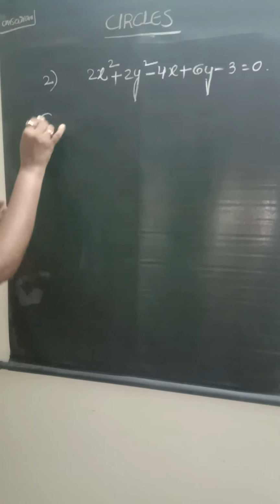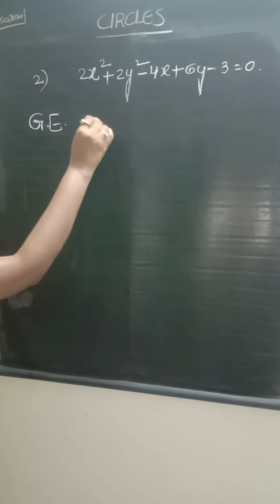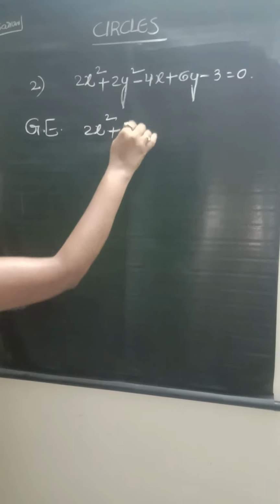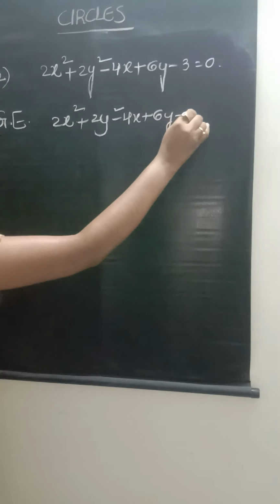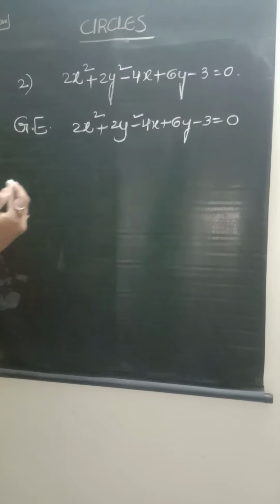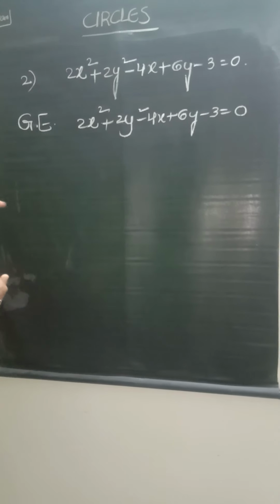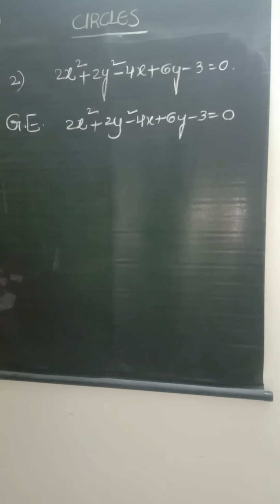First, I am writing the given equation: 2x square plus 2y square minus 4x plus 6y minus 3 is equal to 0. Now we divide this equation by the number 2 to convert it into the standard form.